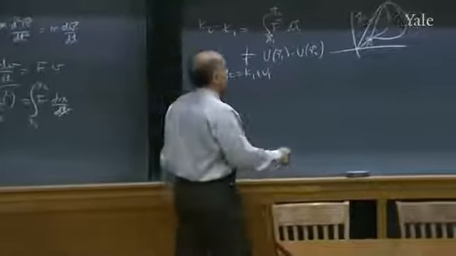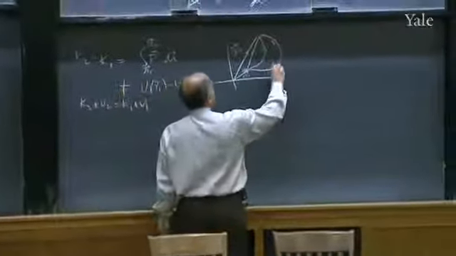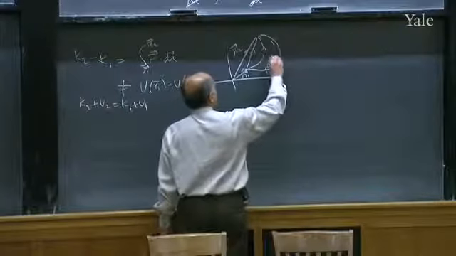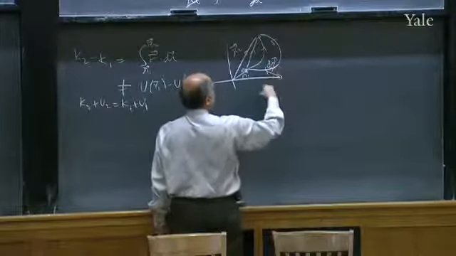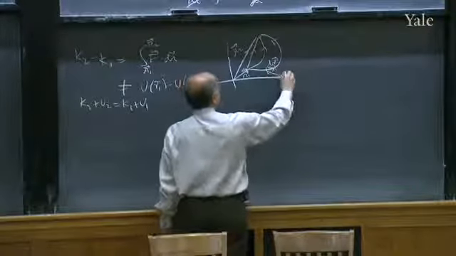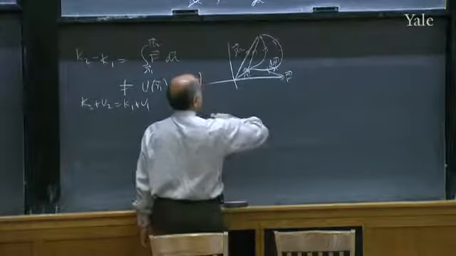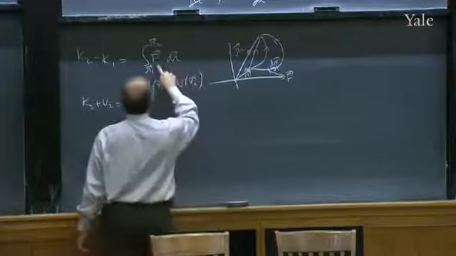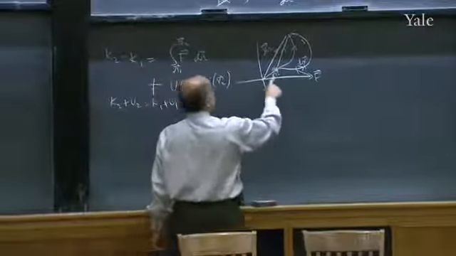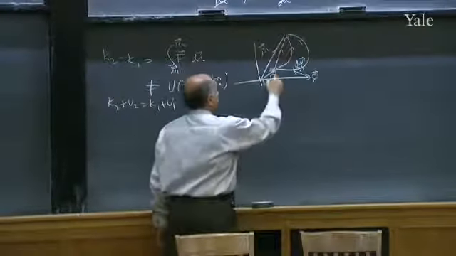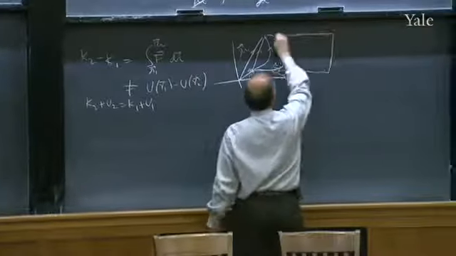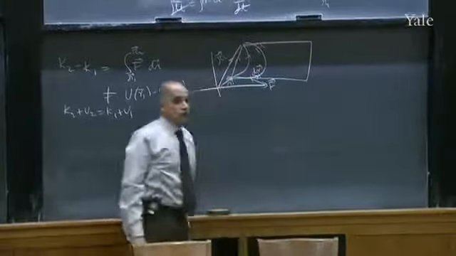In other words, you can take that path, break it up into segments dr, and on each segment the force is some variable. You take f dot dr at that little segment, add it up over all the segments, and make the segments vanishingly small. That's the meaning of this integral. And you're supposed to get the same answer no matter what you do, including going like this or anything else. How can they all give the same answer?